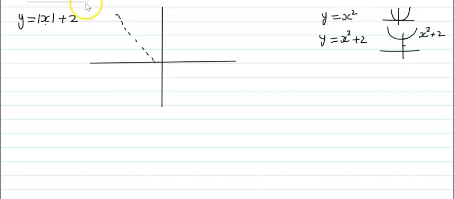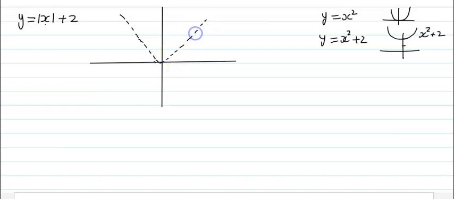Let me just clear it, this is not accurate. Okay, so this is our modulus x graph. But our requirement is modulus x plus 2. This graph is passing through 0, so it is moving 1 and 2 units up. So this graph will look like this. This red graph is modulus x plus 2, and the coordinate of this point is 0 and 2.